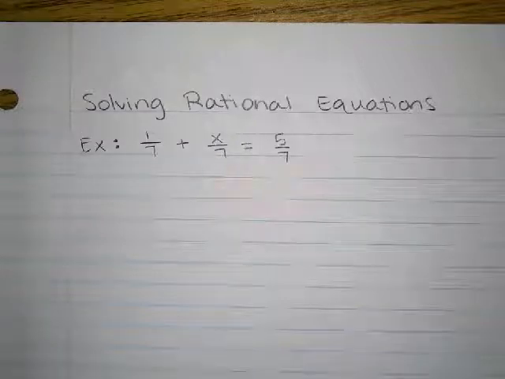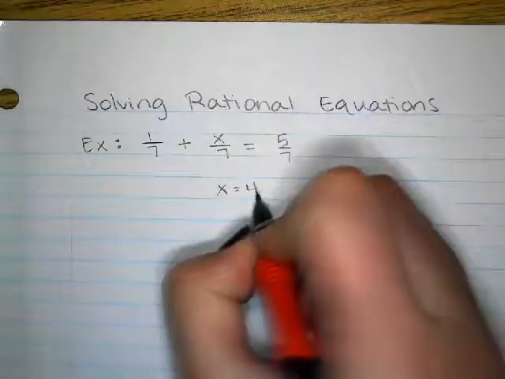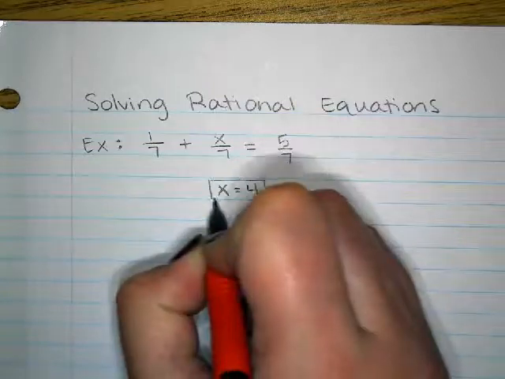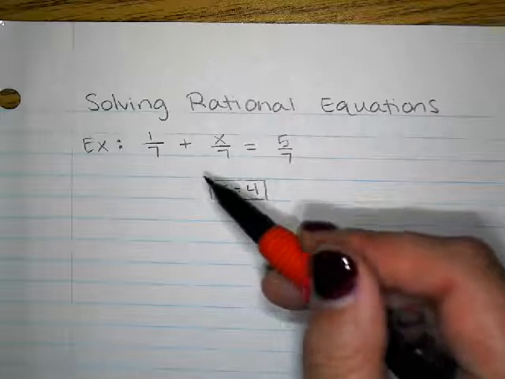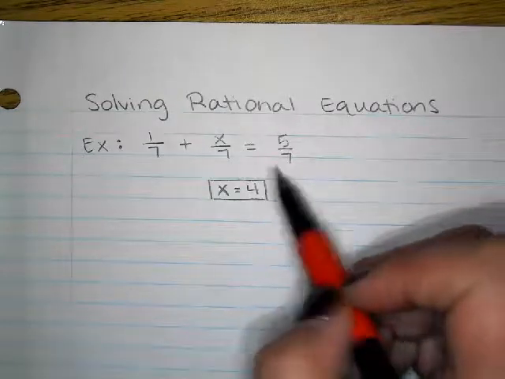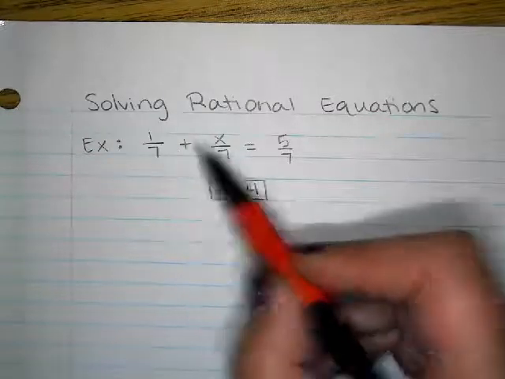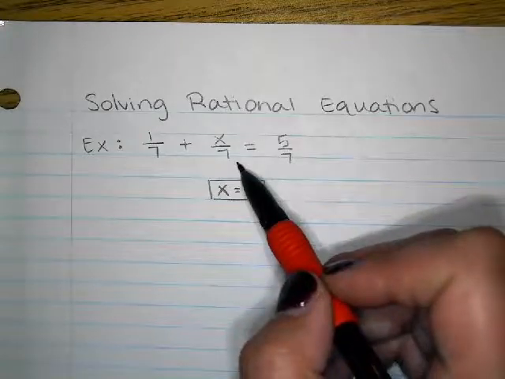It's because it's an addition problem, right? So you have to have common denominators. If your denominators are all the same, then you can just say, 1 plus x equals 5. And then your x would just be 4, right?